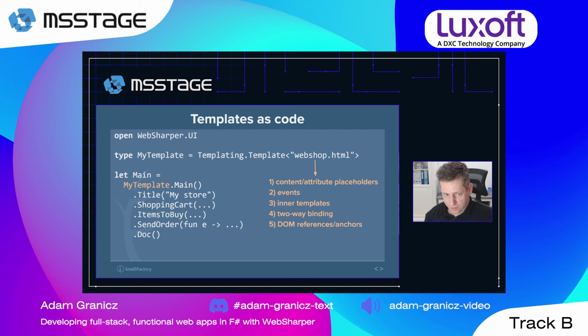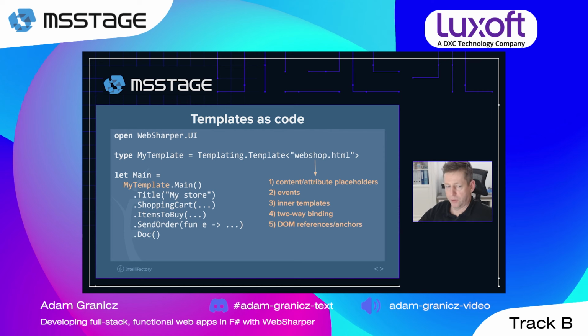So there should be a title, a string title placeholder, a DOM node, like a content placeholder for the shopping cart. That's where the shopping cart would be rendered. Another content placeholder for the items that we want to buy. So these are the selection that you can choose from the store. And then maybe there's a facility, a button at the bottom that says, okay, I'm done.